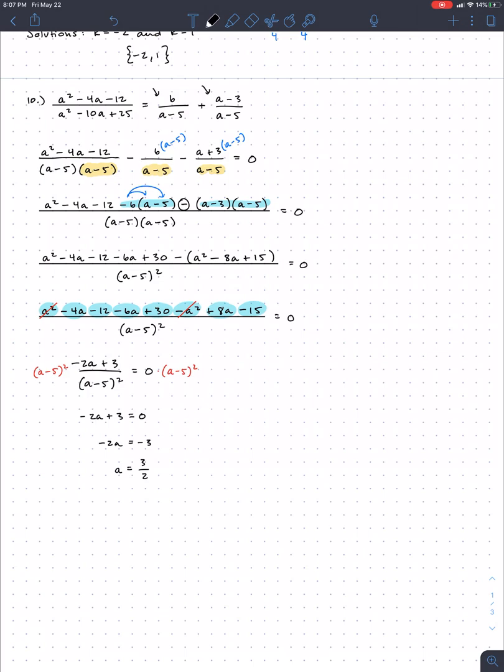All right, so this one's going to be kind of tricky to check. I'm going to let you check this, but I will say that this actually is our solution, okay? And if you were to check for extraneous solutions, if you check, it works, I promise.